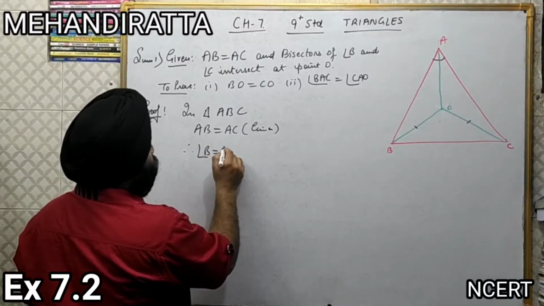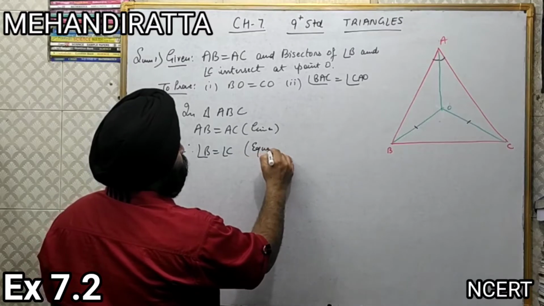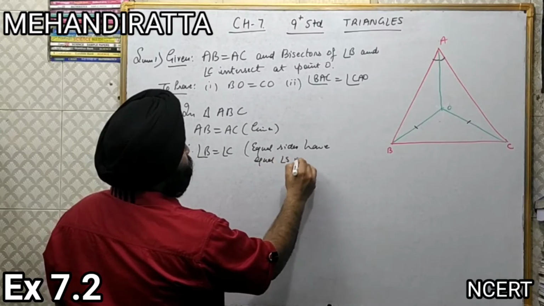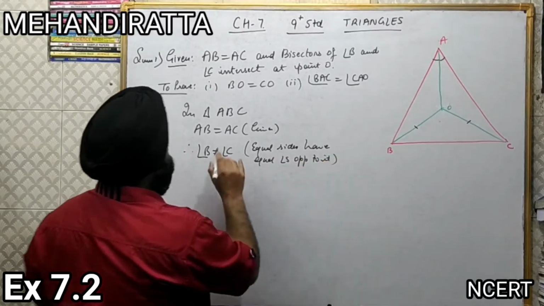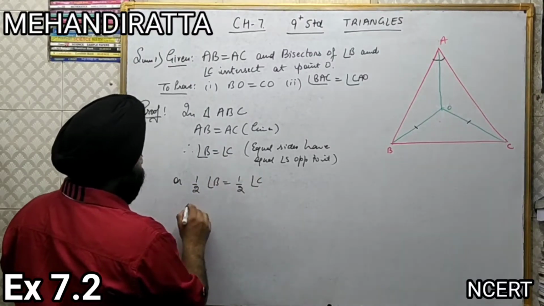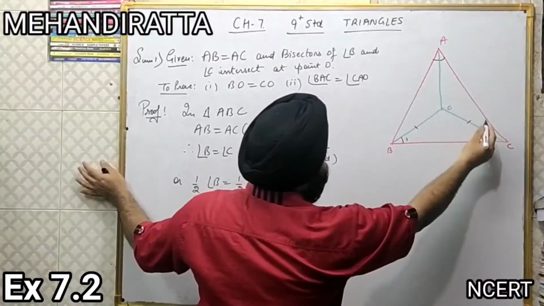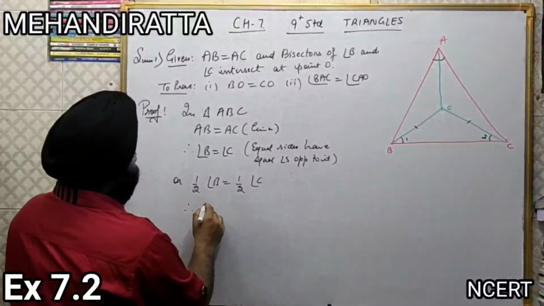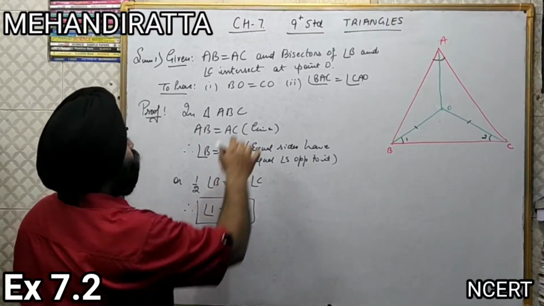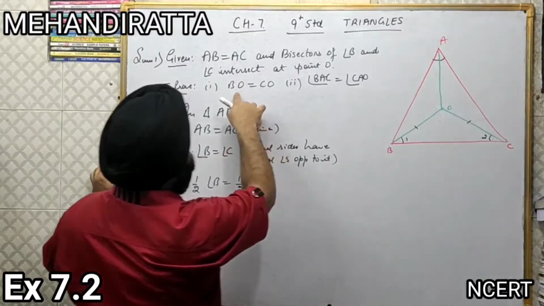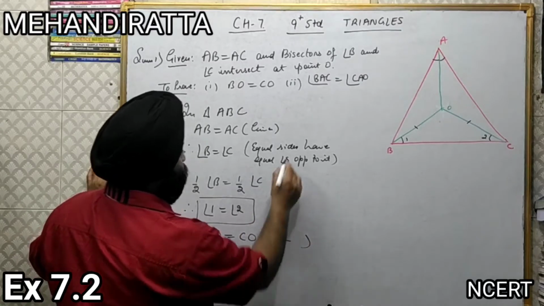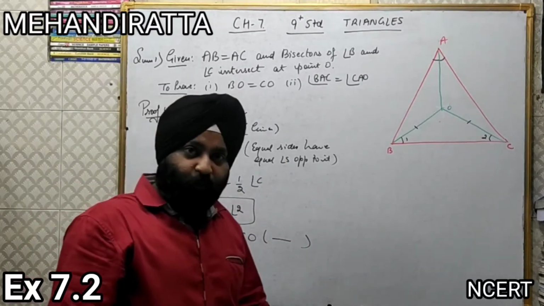Therefore, angle B equals angle C, since equal sides have equal angles opposite to them. So half of B equals half of C. Half of B we call 1, half of C we call 2. Therefore, angle 1 equals angle 2. If angle 1 equals angle 2, then BO equals CO, again for the same reason. This was your first part.